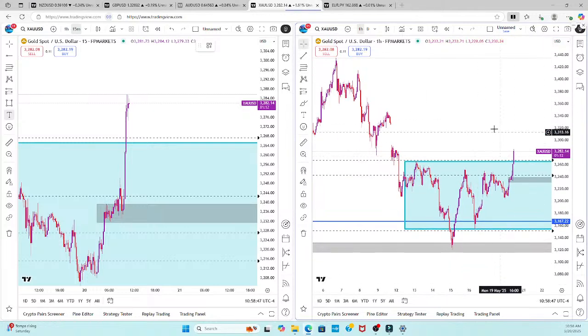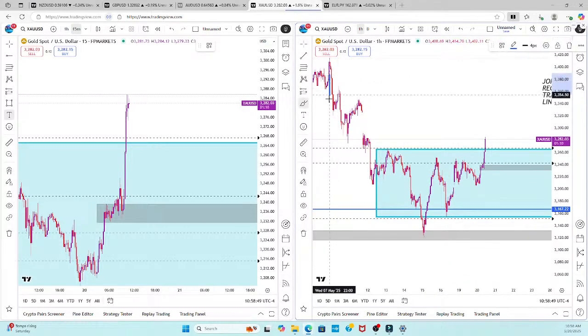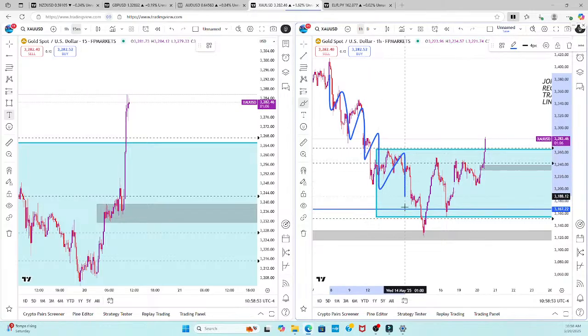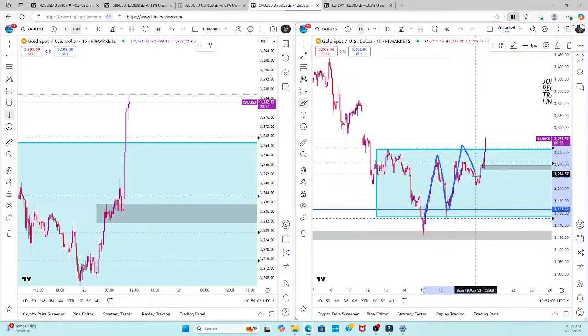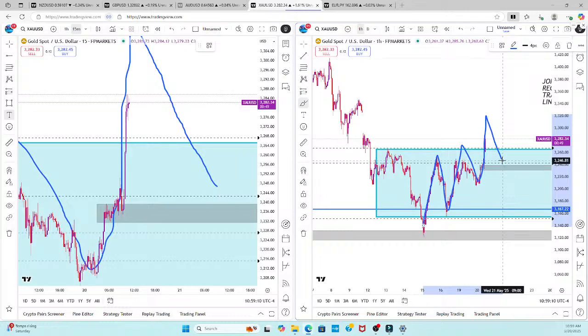Initially, when we were in a downtrend, the price was forming lower highs and lower lows. Now that we are in an uptrend, it's going to start forming higher highs and higher lows. So you just want to look for long opportunities anytime the price is coming back down to form a higher low. When it does that, then you go long.